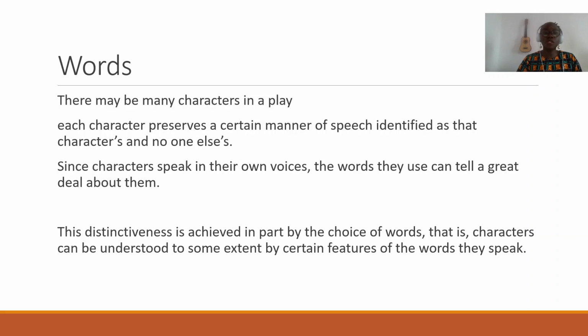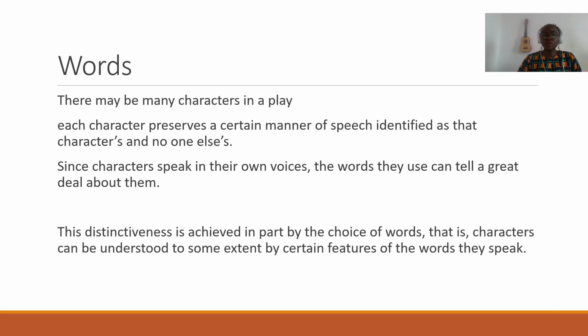When they all come together, they make a certain meaning. They say something to us. And you have so many characters in a play, but each of them has a certain manner of speaking that is related to who he or she is. Each of us speaks differently. We use different words based on our background, our training, our professions, and so forth.